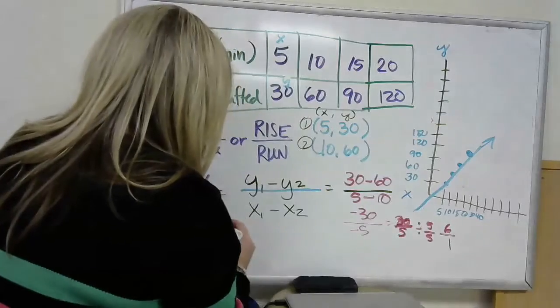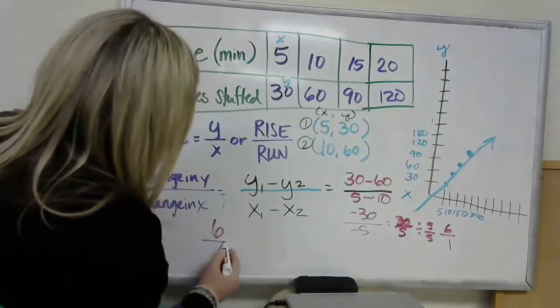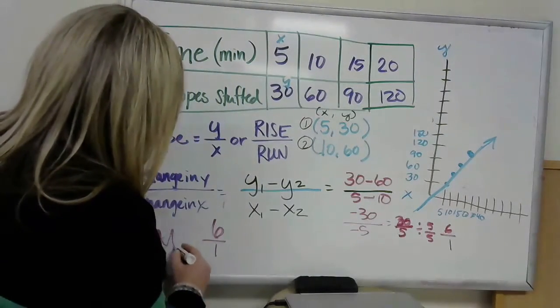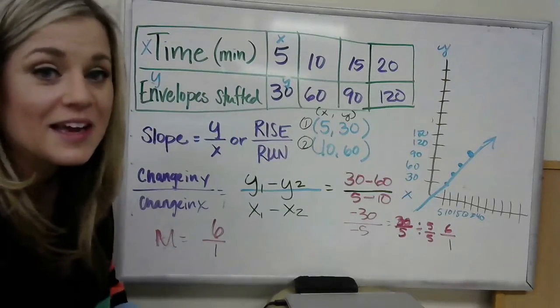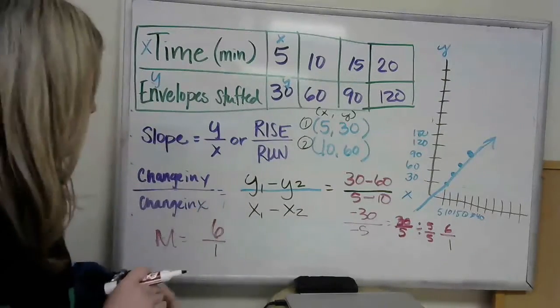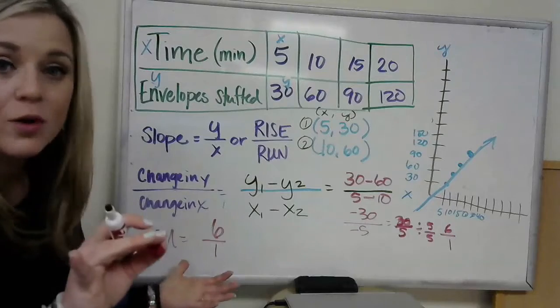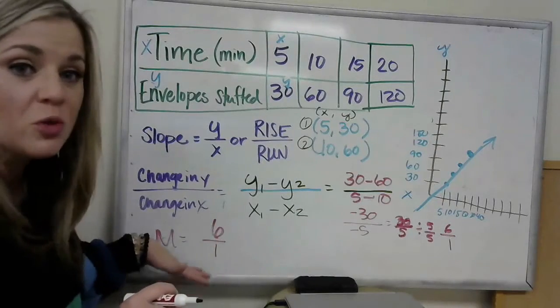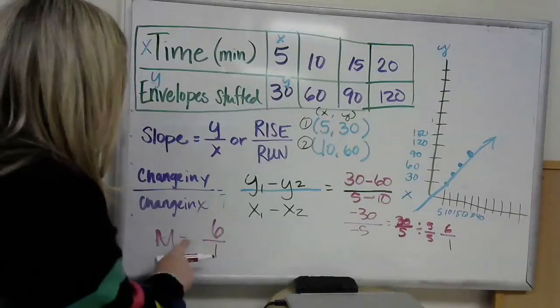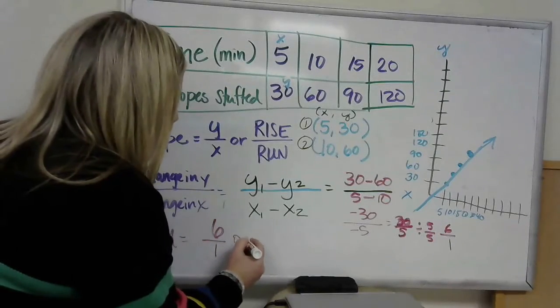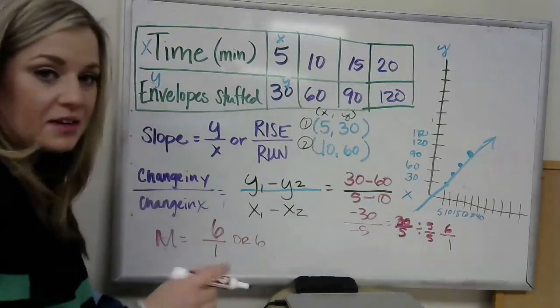So your slope is 6 over 1, and slope is always m, okay? Don't ask me. I did not make this rule. This came way before I was even born. I don't know why, but slope is m. So when you see m, that's looking for the slope of the line. So we have 6 over 1, or you could just say the slope of the line is 6.